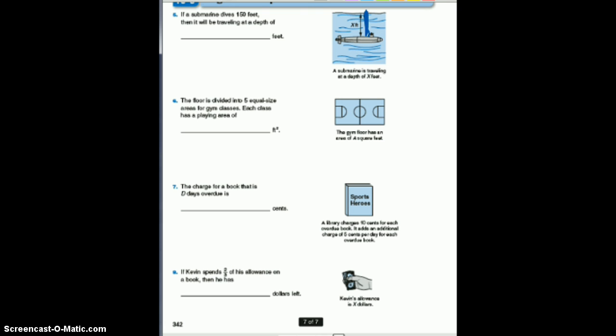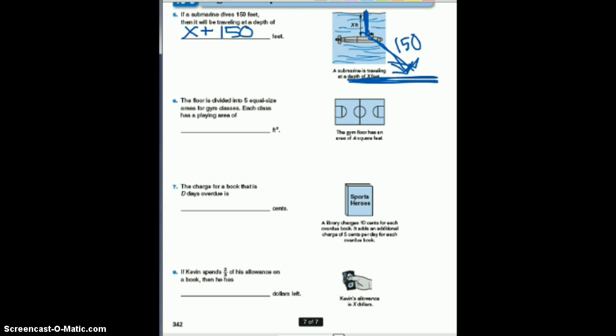X. I don't know exactly how far down, but it's down below. Okay, so it's X, and it's going to dive another 150 feet. So where is it now? It was at X and it went 150 more.